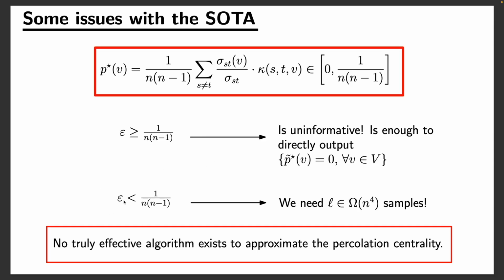While if we set our epsilon to be strictly less than 1 over n squared, we will need at least n to the fourth samples to approximate the percolation centrality up to this epsilon error. But to do so, we will need much more time than running the exact algorithm on the network. So we can conclude that no truly effective algorithm exists to approximate the percolation centrality.